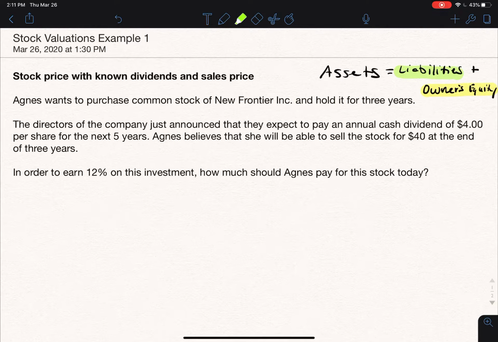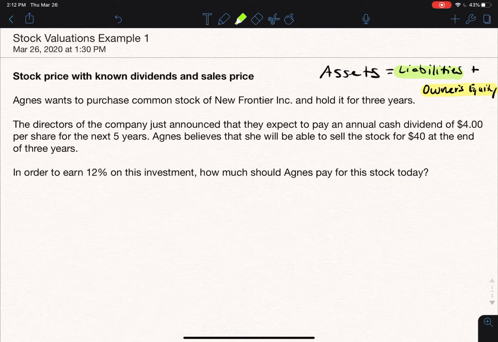Okay, so we're going to start off really simple, and then we're going to transition to more and more difficult problems. Some of these are really tricky, and this is one of the only chapters in this class where you are going to have to use a little bit of algebra, nothing too complicated, but there is some algebra that you got to know how to use. Otherwise, you're going to struggle a little bit.